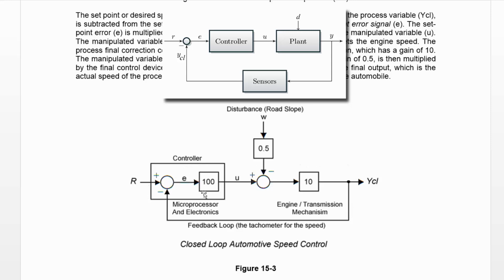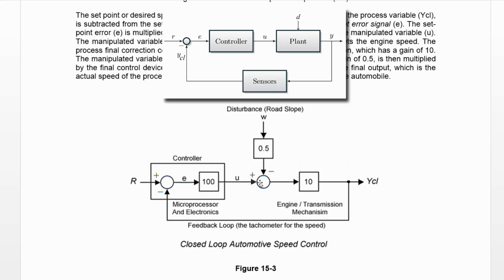This is an example from the Powell and Franklin feedback control book. We have a set point, 55 comes in, we subtract the output, which is Y closed loop, from R, we get an error, we multiply it times 100, and we get an output, a manipulated variable U.